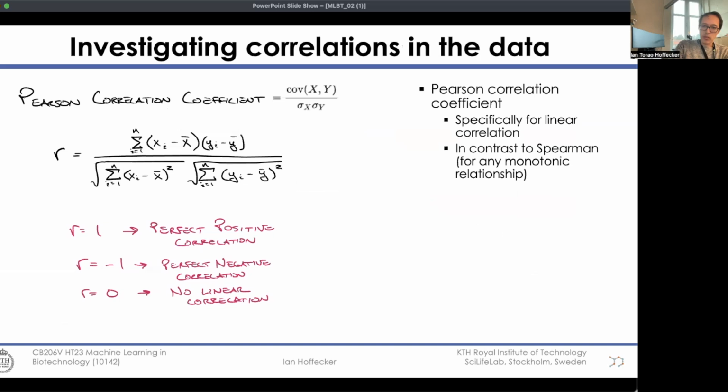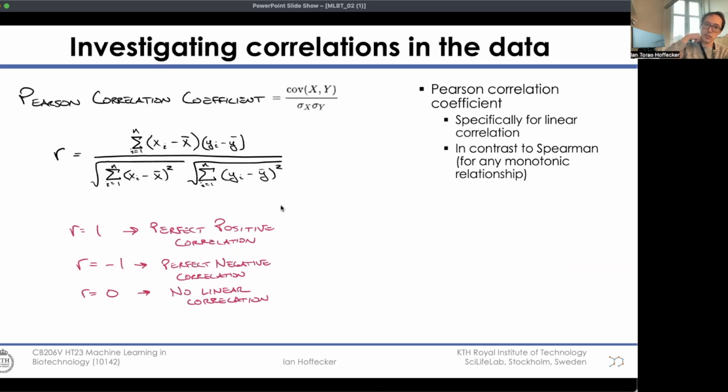But before we do that, let's also look again at some of this linear regression data from the last exercise. What I want to do is look at the correlations present in the data.